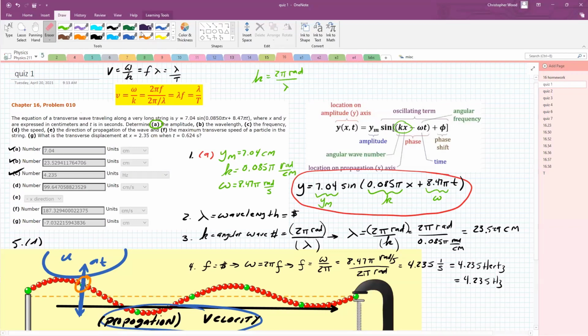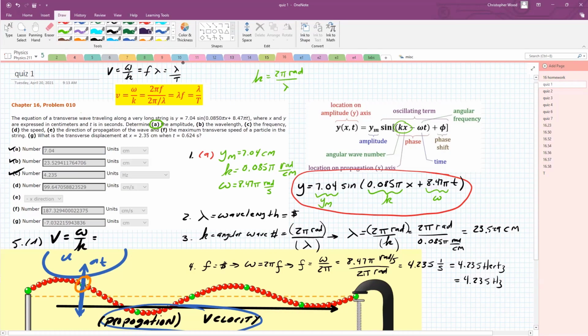Let's just do omega divided by k, since we know those numbers. So the wave speed is just omega over k. And omega, we already figured that out. Omega is given.